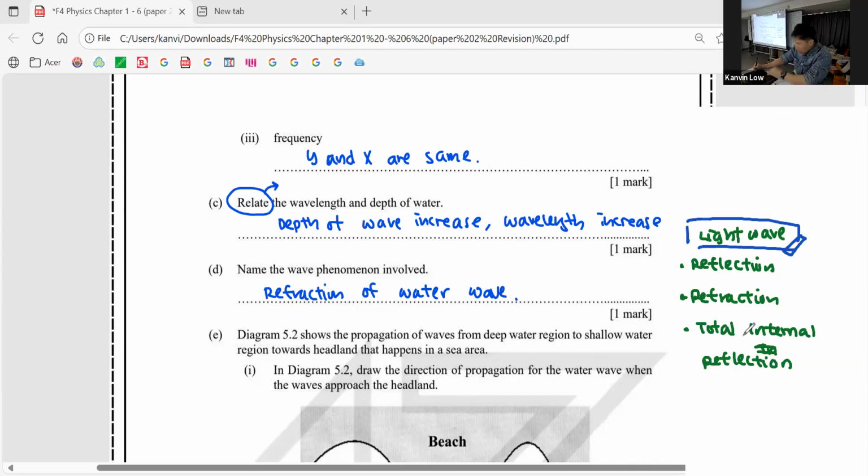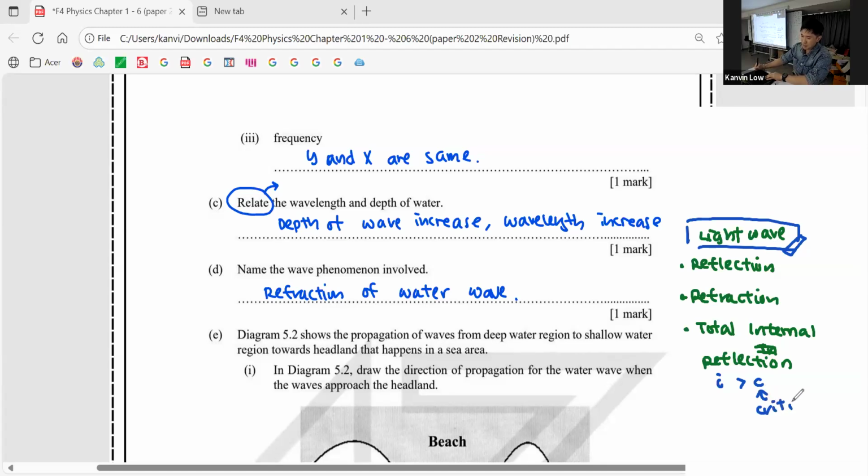Okay, guys. Total internal reflection is when your incident angle i is greater than c. What is the c representing?